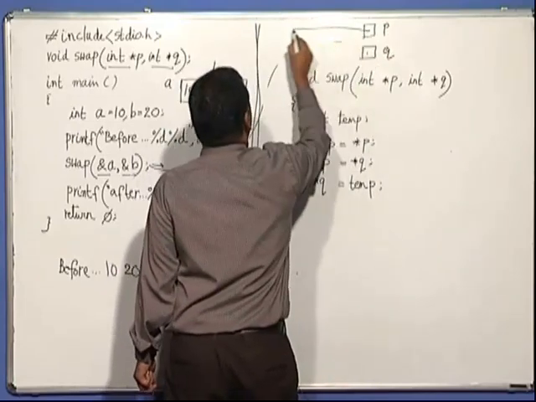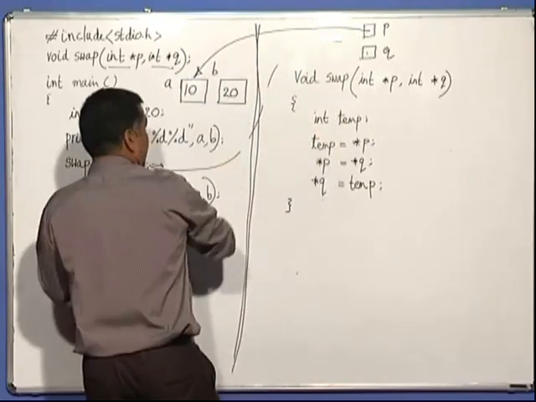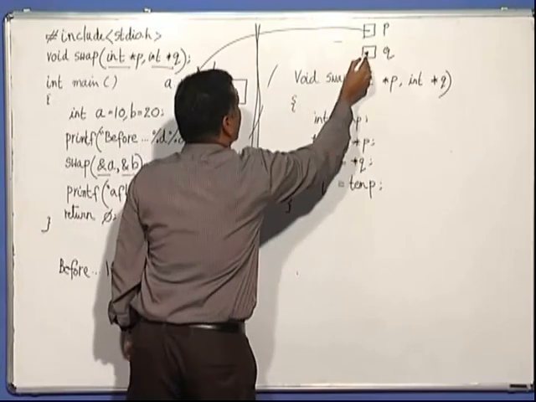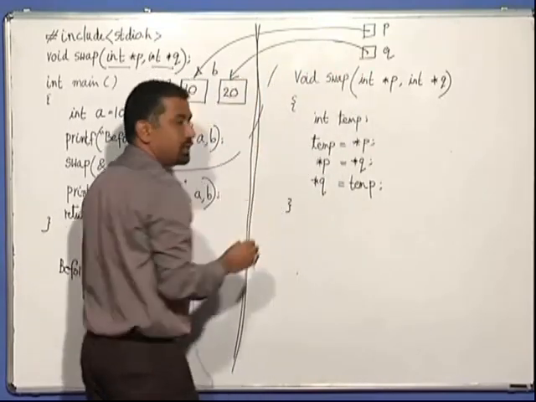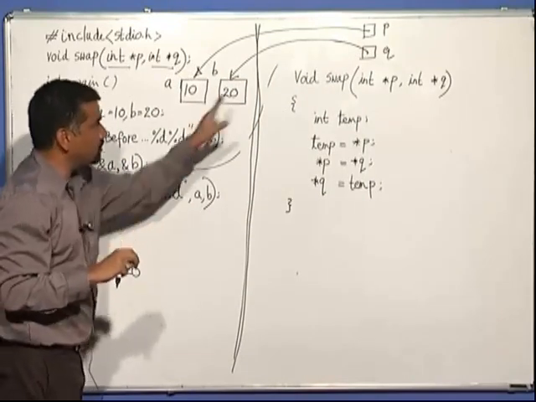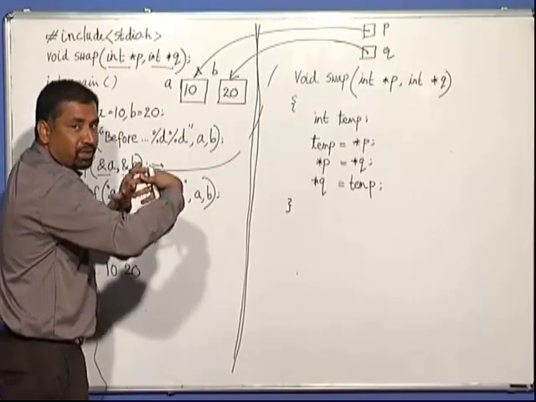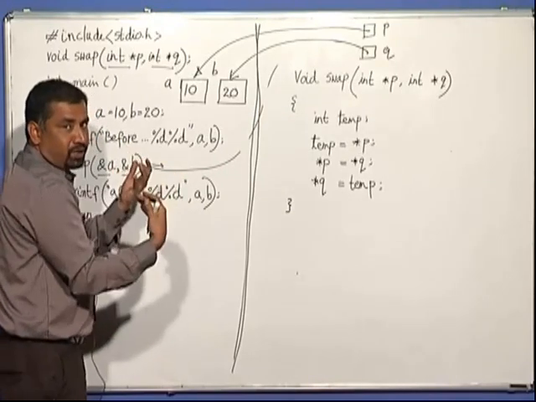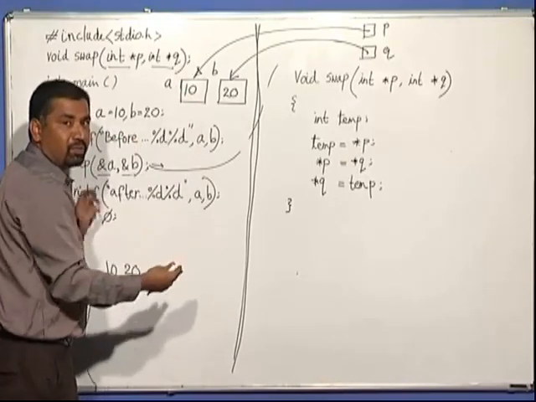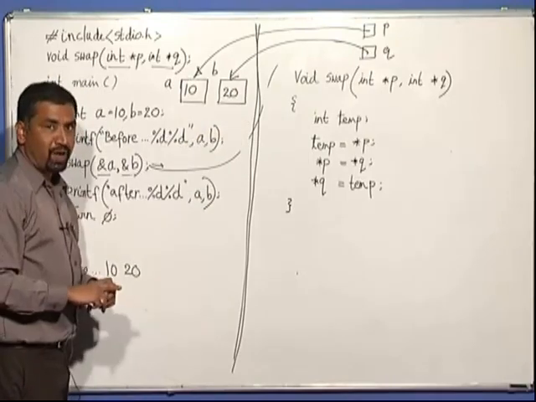P will now point to A once the function is called, because P will now hold the address of A. Q will now point to B because Q has been assigned the address of B, which goes there and gets stored in Q. So with Q and P, now you see the link between the two functions. Actually the memory locations of the main function variables have been given to the pointer variables of the swap function.